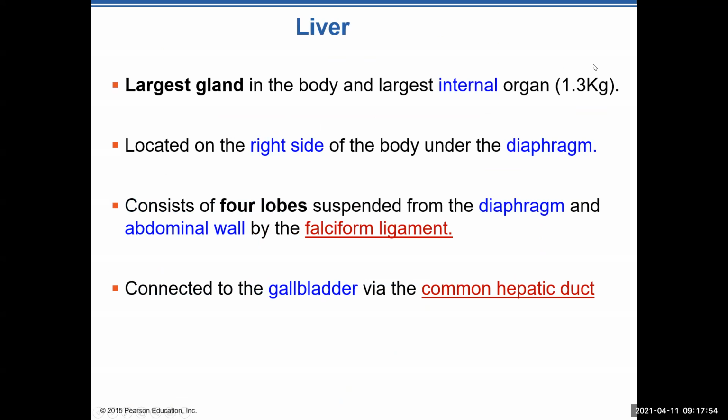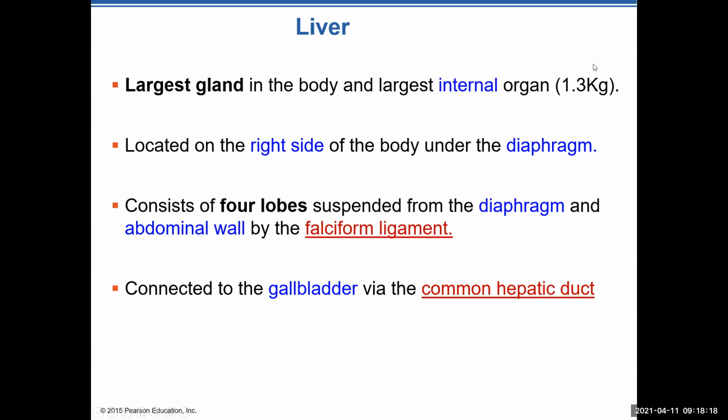We know that the liver produces bile. This is something very, very important. Filtration will take place here, purification will take place here, modification of food will take place here, storage of food will take place here. Remember? Glucogenesis.